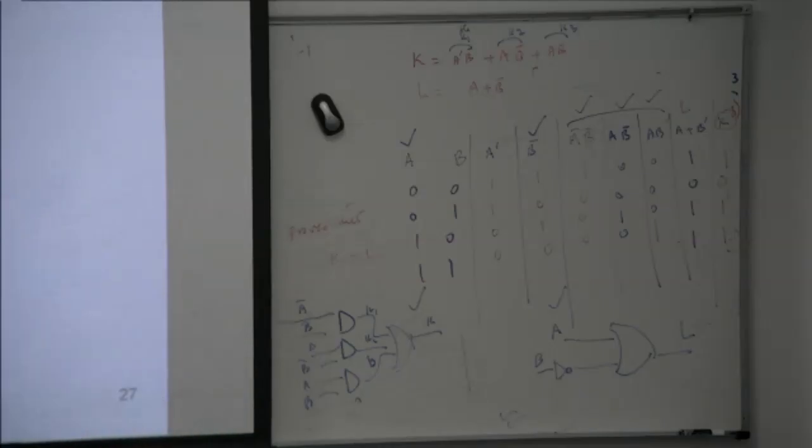In this case, a 3 input OR gate, and 3 AND gates of 3 inputs each. And how many inverters? 2 inverters, because one for A and one for C. For B, we don't need an inverter.